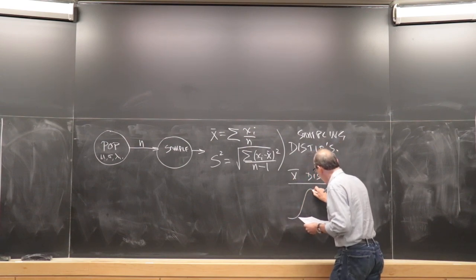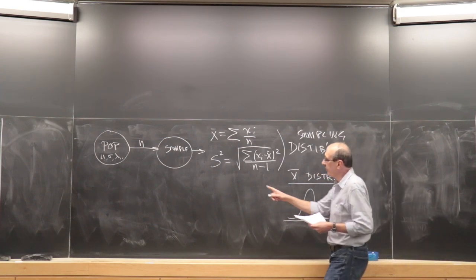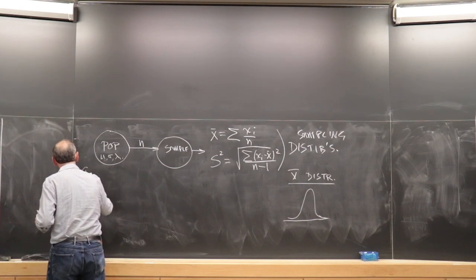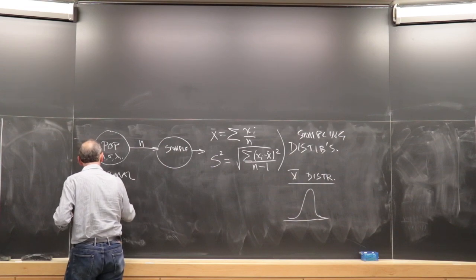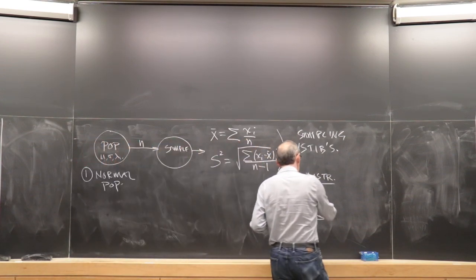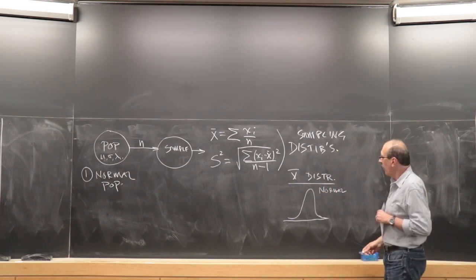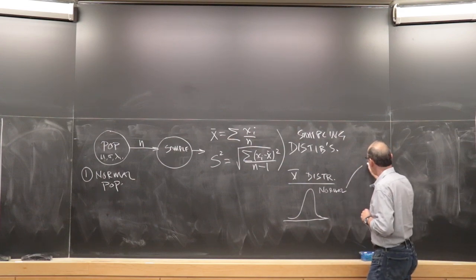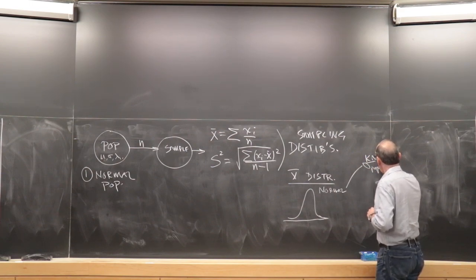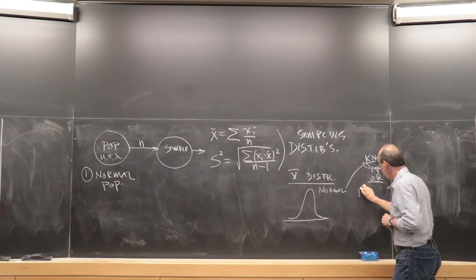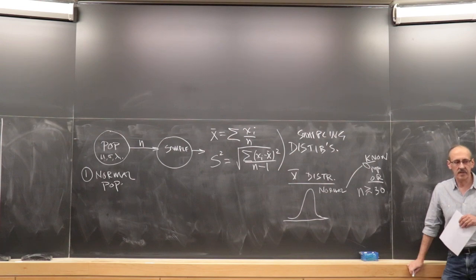And we often have a normal, so let's start out and assume, assumption number 1, that this is a normal population, whereupon this is going to be normal as long as I know either the standard deviation of the population or I have enough samples, n bigger than maybe 30, that the central limit theorem applies.